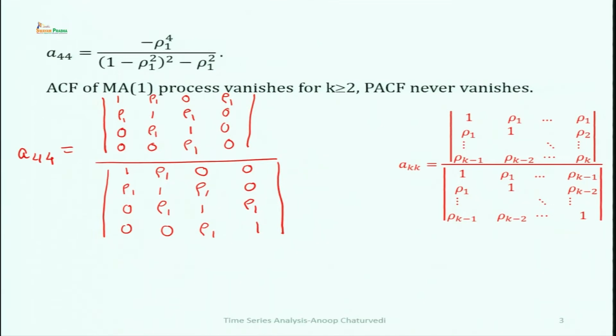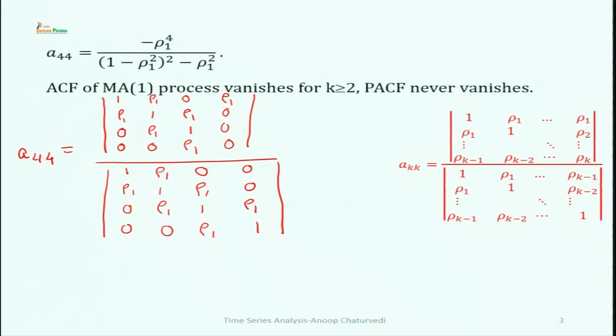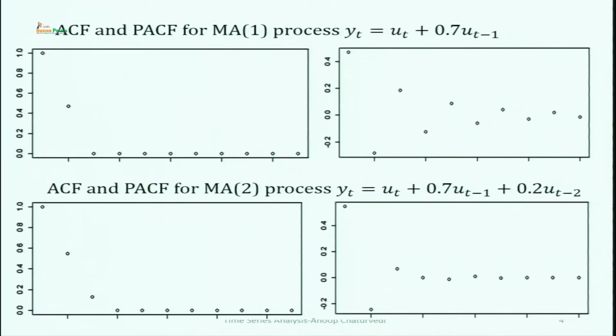Now, remember that for the MA1 process, the autocorrelation function vanishes for k greater than or equal to 2, but the partial autocorrelation function never vanishes. Here I have plotted the ACF and PACF for the MA1 process Yt equal to Ut plus 0.7 Ut minus 1.